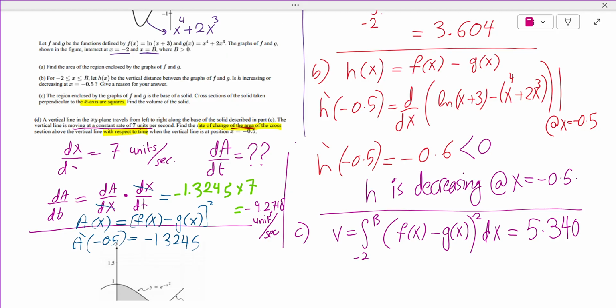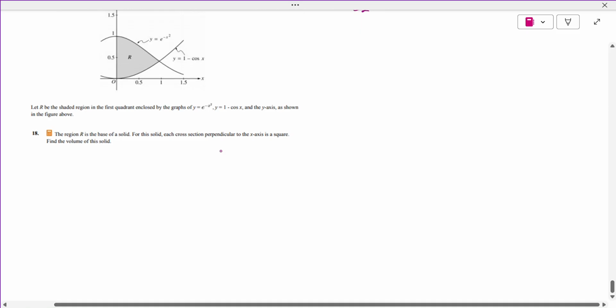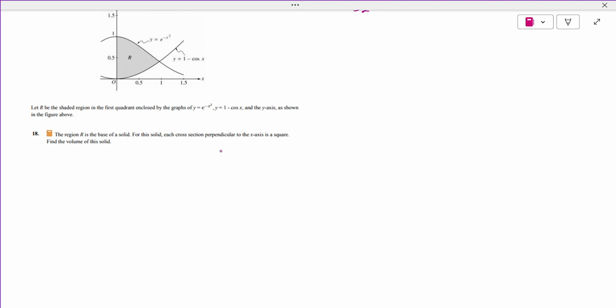The last part question in this file is this one. We have a region R enclosed by those two functions. The cross sections are squares, they are perpendicular to the x-axis. So we are going from 0 all the way to this number, which is not 1, but we need to find it. If you set the two functions equal to each other, you will get x equals 0.94194.